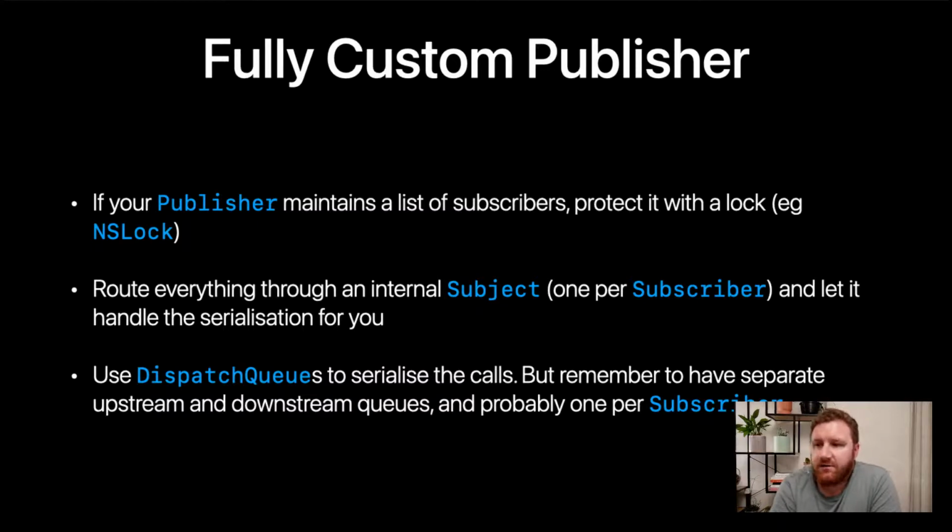And then the final approach is using a dispatch queue to serialize the calls. But remember, you need to have separate queues for upstream and downstream messaging, and usually one per subscriber is recommended as well. So it can get quite busy quite quickly. That's why everybody says just to use a pass-through subject or a current value subject and just let it handle all of that.